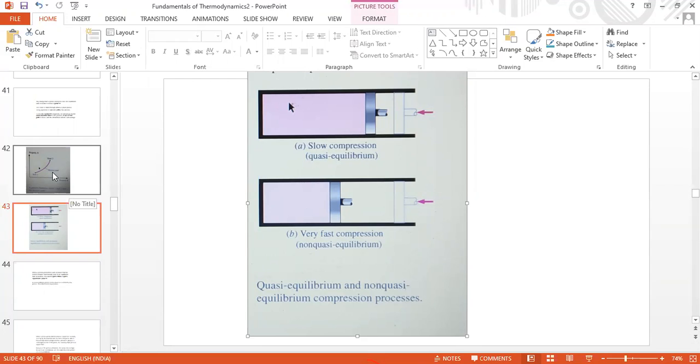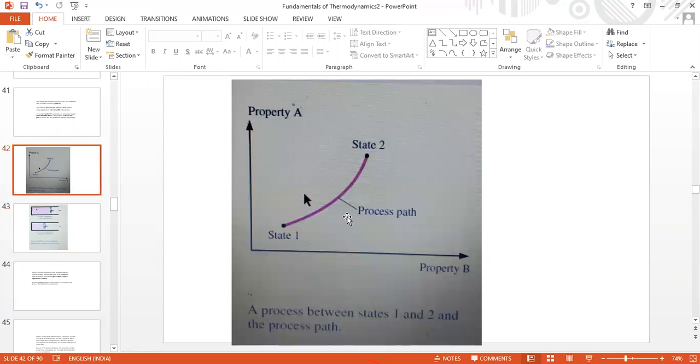And what does the integration mean? The integration means the area under the process between state 1 and state 2, if it is carried out according to PV equal to constant; it is again the area under 1 to 2.